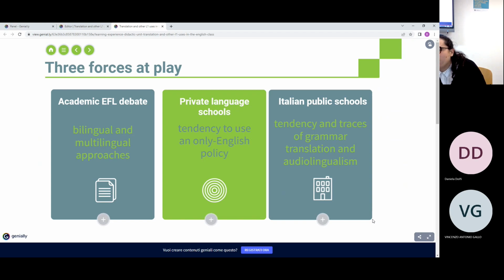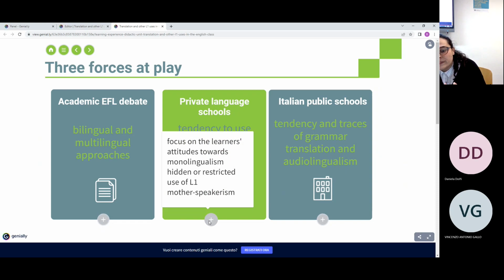Then in Italy, as in the rest of the world, we have a lot of private language schools, and the debate and the trends are different there. In that case, there is a tendency to use an English-only policy, while the academic EFL scholars support bilingual and multilingual approaches.